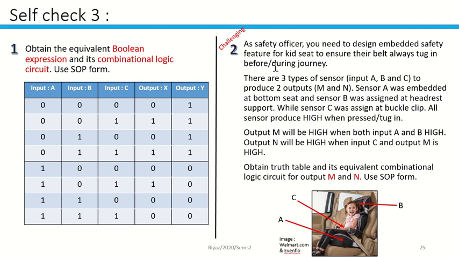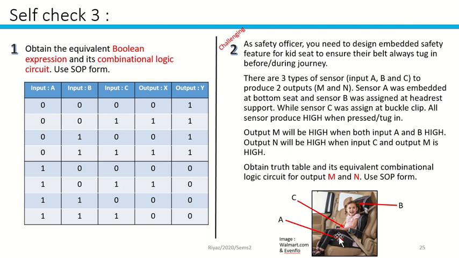The second one will be a little challenging. In this situation, you need to design an embedded child safety car seat. You have 3 types of sensor inputs: input A, input B, input C, and you have 2 outputs, M and N. Sensor A is placed at the bottom of the seat, where the child is sitting.